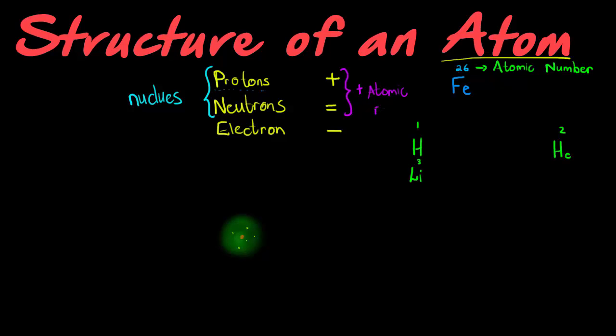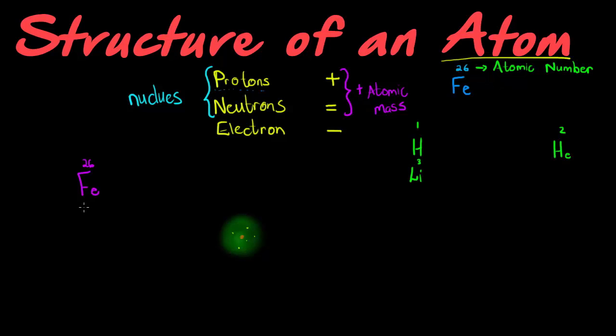Atomic mass. My atomic mass is the sum of protons and neutrons. But the problem is, two different atoms might have a different number of neutrons. So for example, all iron has 26 protons, but it might have 25 neutrons.